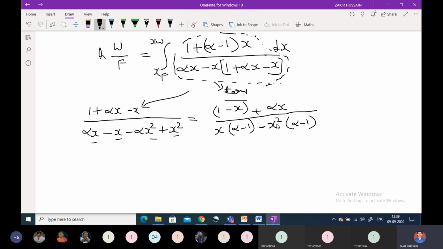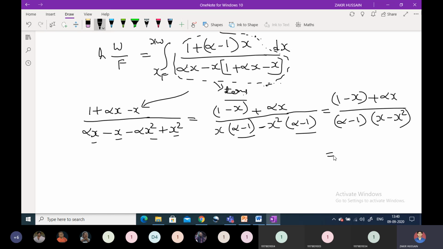Yeah, alpha minus 1. Then is it okay? Yeah, x square minus x square. Yes, it is okay. Then from this term, if you see, alpha minus 1, and in this also alpha minus 1 is common. So from these two terms, we will do the operation 1 minus x, this is one term, plus alpha x divided by, so we will take alpha minus 1 common from those two terms. So x minus x square.